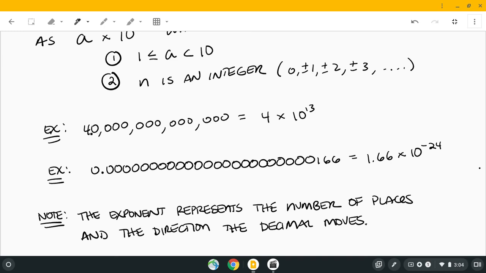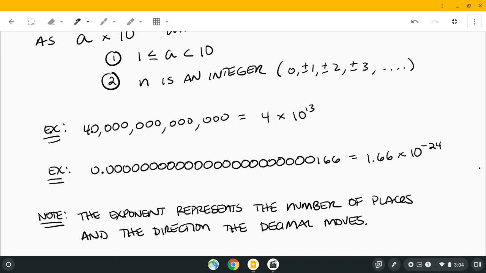So if I move it one more time, now I get the number 4. And 4 is a number less than 10. If I move it over one more time, I get 0.4. And now that's a number smaller than 1. But we want a number that is greater than or equal to 1, but smaller than 10. Okay, so that means that would have to go right here. 40 is too big. 0.4 is too small, but 4 is perfect. So the decimal would have to go right here in order for us to get that 4.